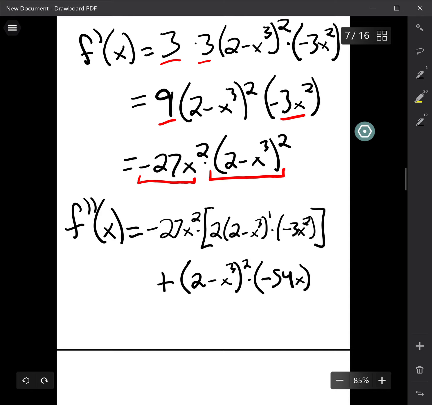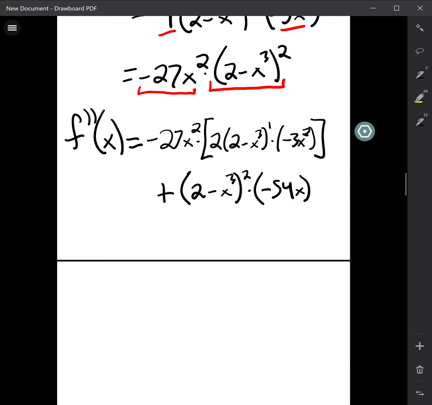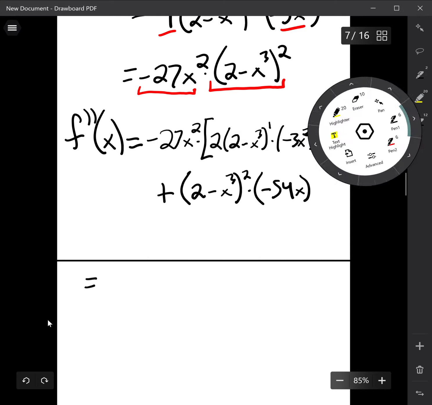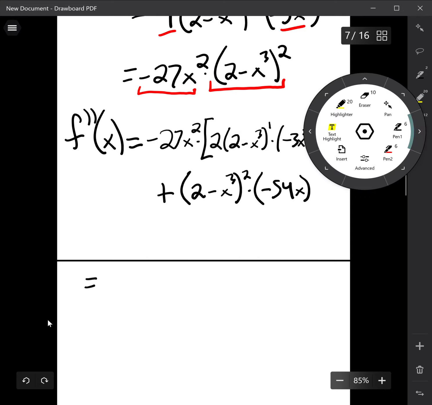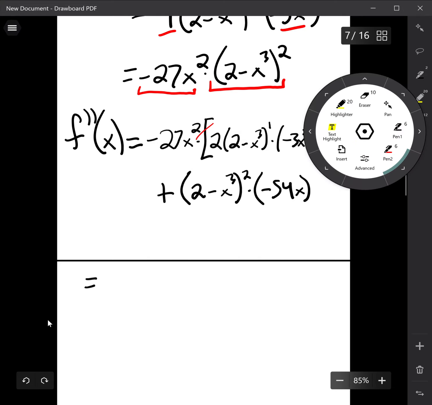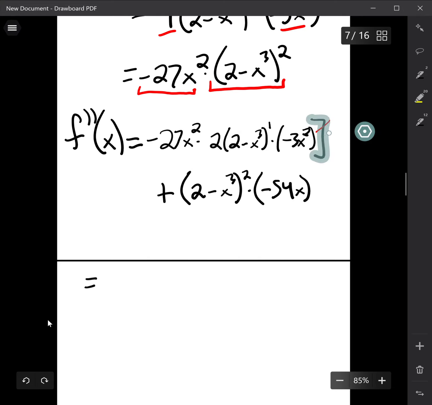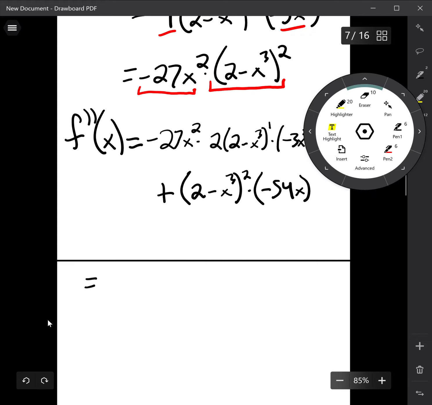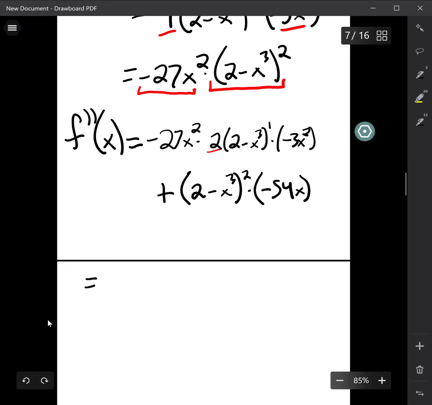Now, if I said do not simplify, you could totally leave this here and that wouldn't be a problem. But I just want to show how we could simplify it. If we wanted to simplify it, we'd be yet again looking for anything that multiplies. Notice that these parentheses don't really matter again. These are square brackets. So the things we can multiply would be this 2, this minus 3x squared, and this minus 27x squared.